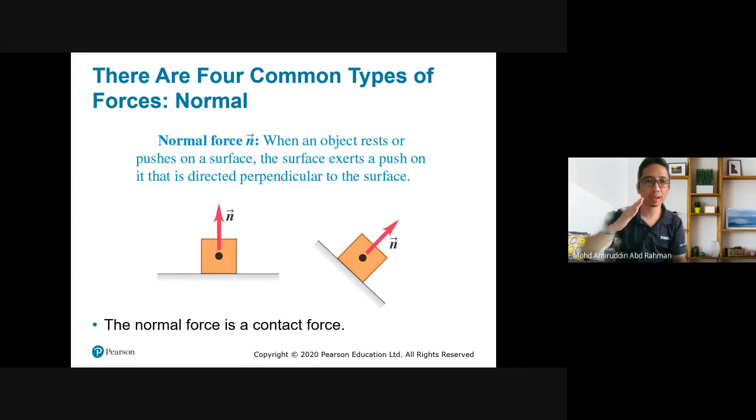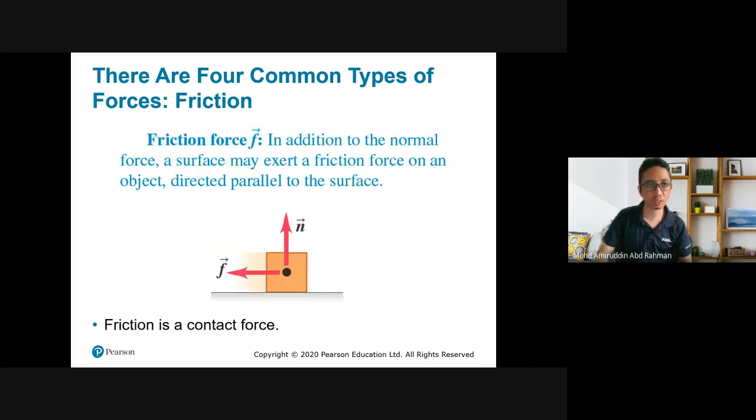The normal force will be perpendicular to that, so it will be 90 degrees from the surface of the ground. So the normal force is called a contact force.